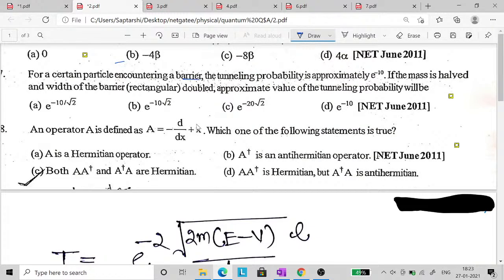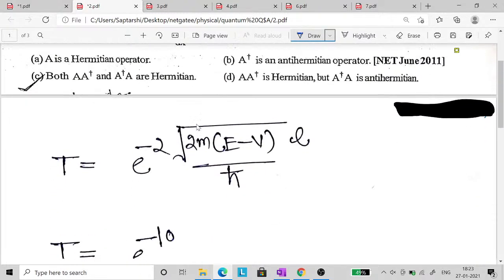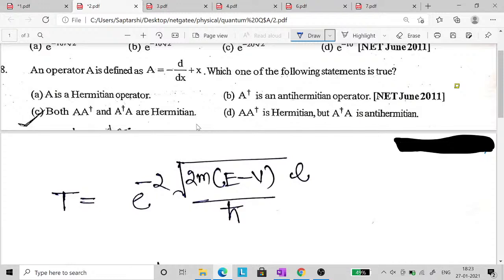there's a barrier. Tunneling probability is given. Mass is halved. Width is doubled. We need the value of tunneling probability. So see, there's a formula for tunneling probability. It's given by T equals e to the power minus 2 root of 2m into (E minus V) by h cross, times L, where E is your energy, V is potential, m is your mass, h cross is Planck constant, L is the length of the barrier.